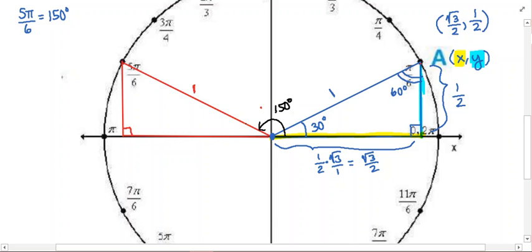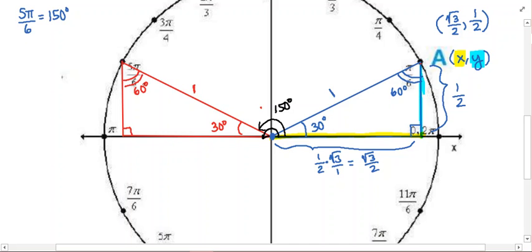Since there's 180 degrees in a straight angle, you take the difference, 180 minus 150, and that gives you the measure of this angle. That's going to be 30 degrees. Since this is a 30-degree angle, that makes the remaining angle 60 degrees.